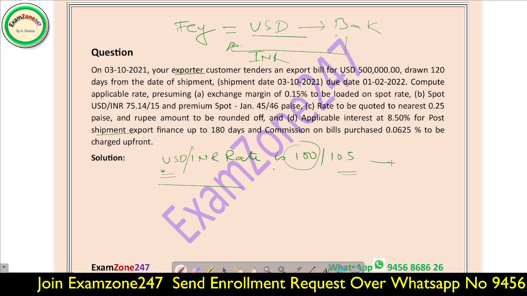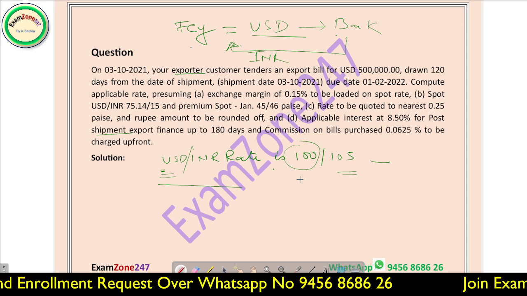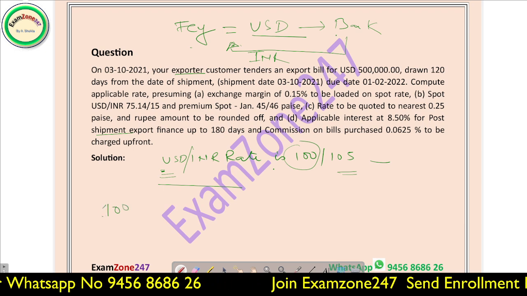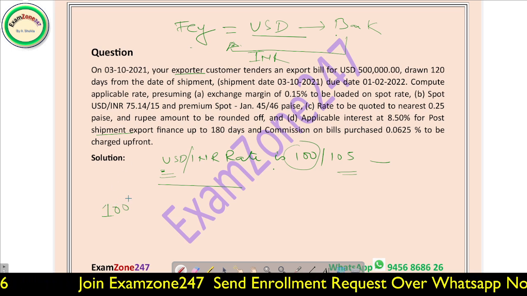This is the quote. As an exporter, you are having USD. In this case, the rate will be 100. Means if you give 1 USD to the bank, the bank will give 100 rupees to you.